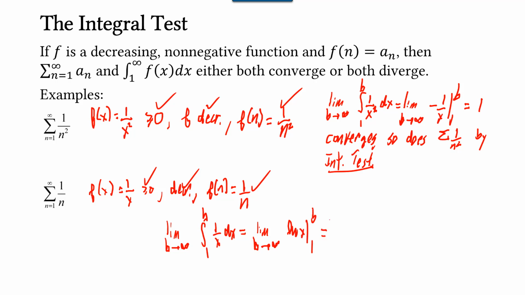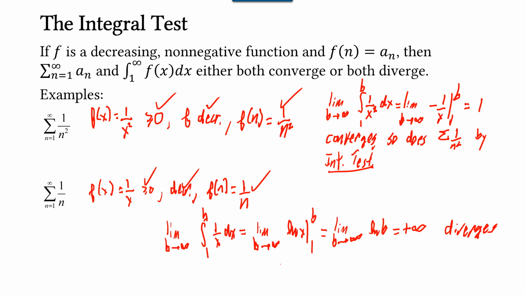Since the natural log of 1 is 0, this boils down to finding the limit as b goes to infinity of natural log b. The natural log function goes to infinity. So we have a divergent improper integral.